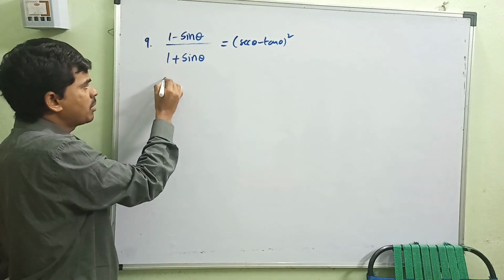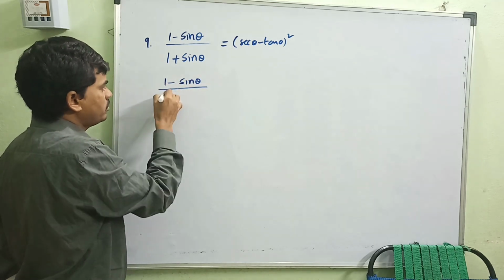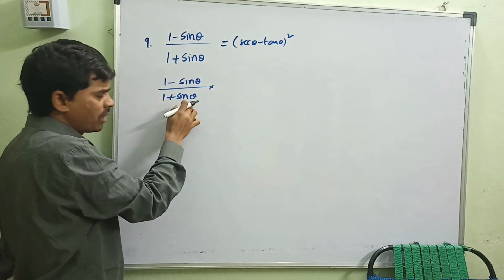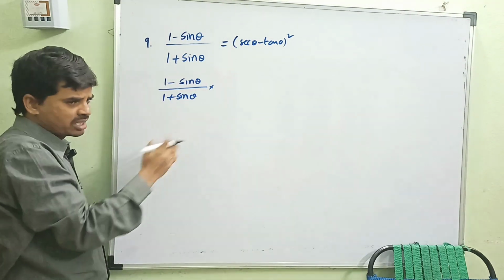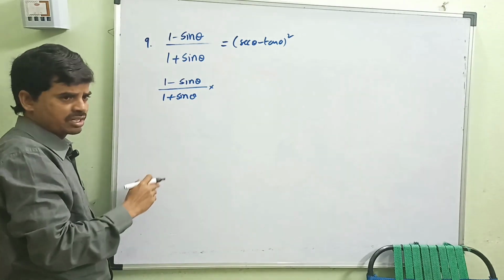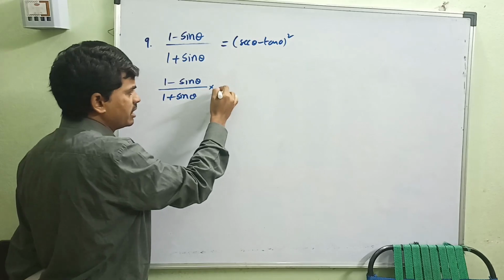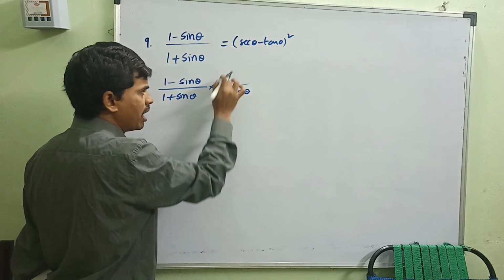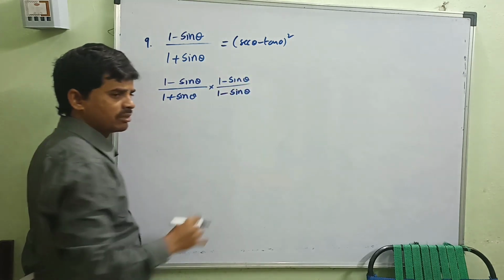So when this type of situation comes, every time we should take the opposite of 1 plus sin theta, that is 1 minus sin theta, like a rationalizing factor. So we take 1 minus sin theta and multiply the same number into the numerator also, 1 minus sin theta.